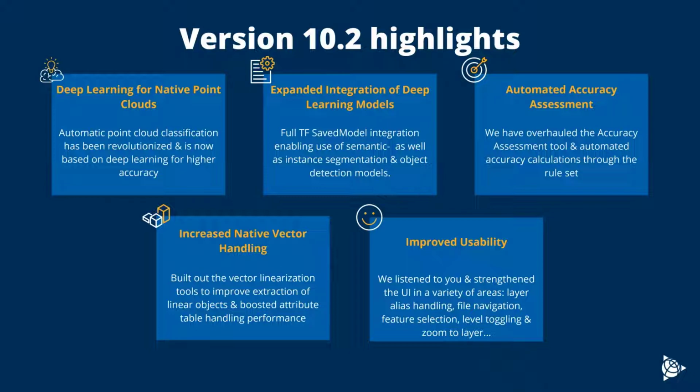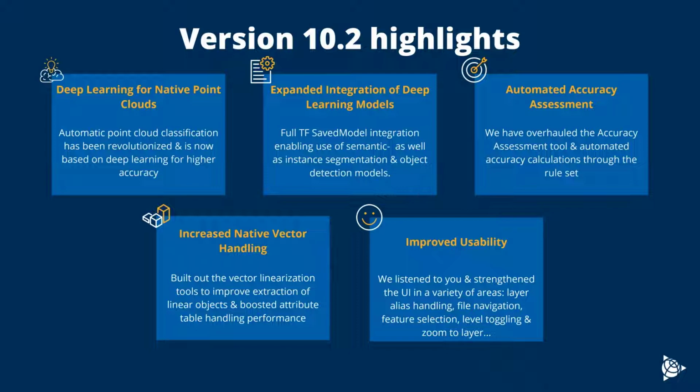Another aspect of deep learning: we've brought a lot in the AI, and we're not banking on it, but we are investing quite a bit in integrating deep learning technology into the other workings of eCognition. We've expanded the integration of deep learning models within eCognition. So up to now, with 10 and 10.1, you've been able to use this TensorFlow save model format only for semantic models.